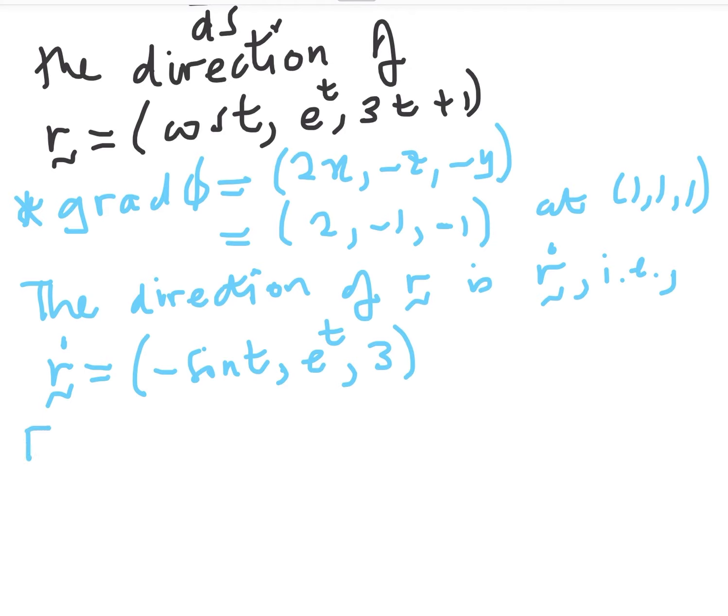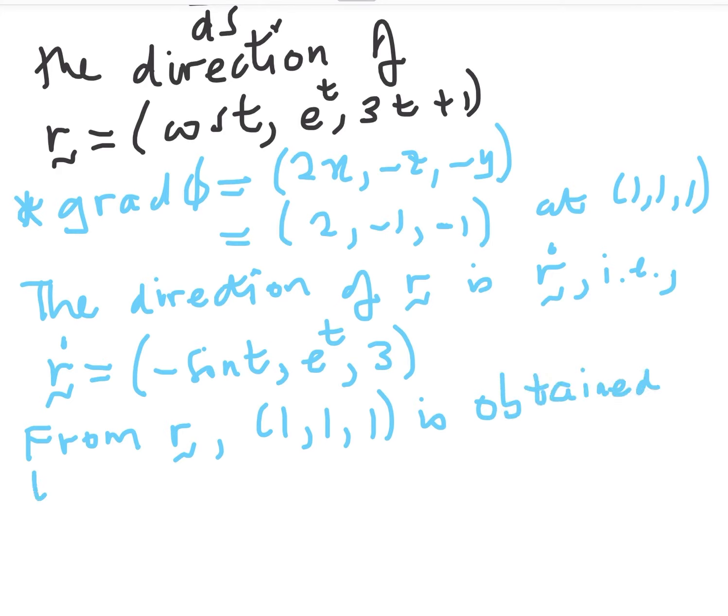So we need to determine the t value that gives us the point 1, 1, 1 from the vector r. From vector r, 1, 1, 1 is obtained by a specific value of t. It's clear if you do this by inspection, by t equal to 0. If you substitute t equal to 0 in vector r, you get 1, 1, 1.